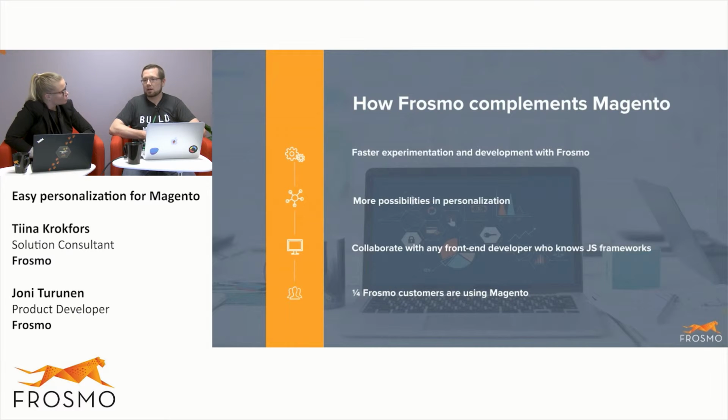So as Frosmo works on a layer on top of your website, we can bring any functionality and any framework that you want there, and you can start developing some parts of your website with that specific JS framework, be it React or Angular or Vue or whatever you want. That's a way for you to bypass some of the Magento ways of working.